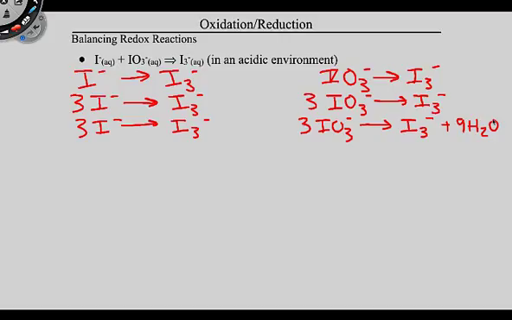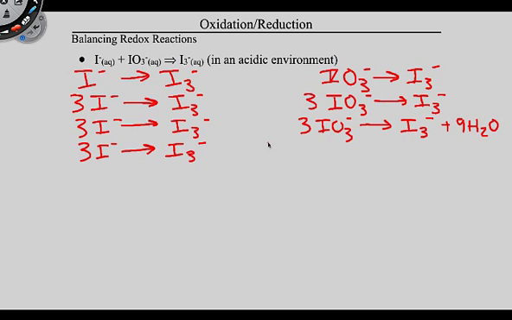Okay, so now we have the oxygens. Did I screw up? Okay, now we've got to balance the hydrogens. There are no hydrogens here, but I still like to rewrite this so these don't get out of step. And now, how many hydrogens do we have? 18.